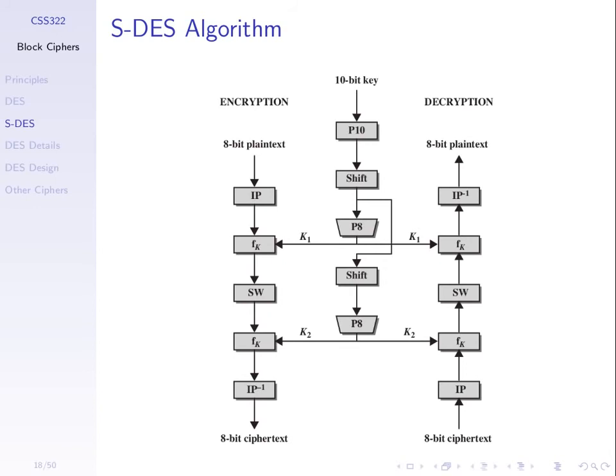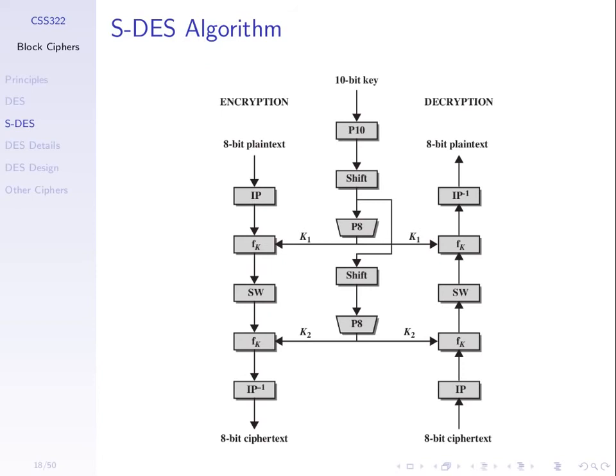Decryption, exactly the same steps. The only difference is that we'll use the round keys in the opposite order. In encryption, K1 is used first and then K2. In decryption, K2 and then K1. The benefit of encryption and decryption being the same operations is that you only need to implement it once. You implement encryption and you now have an implementation of decryption. That's a significant practical advantage.